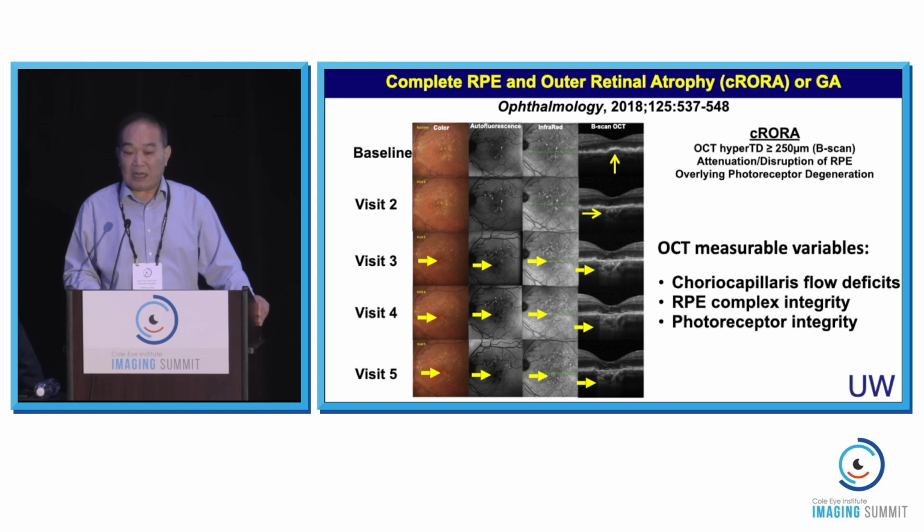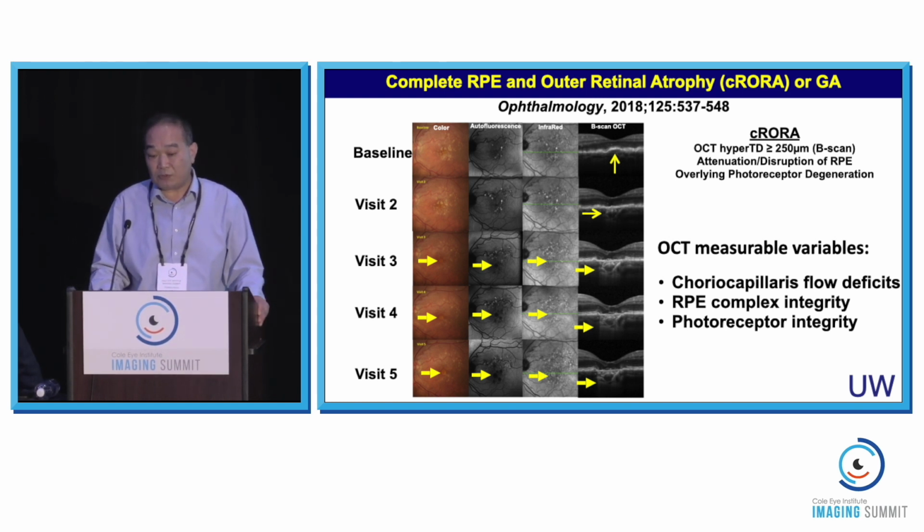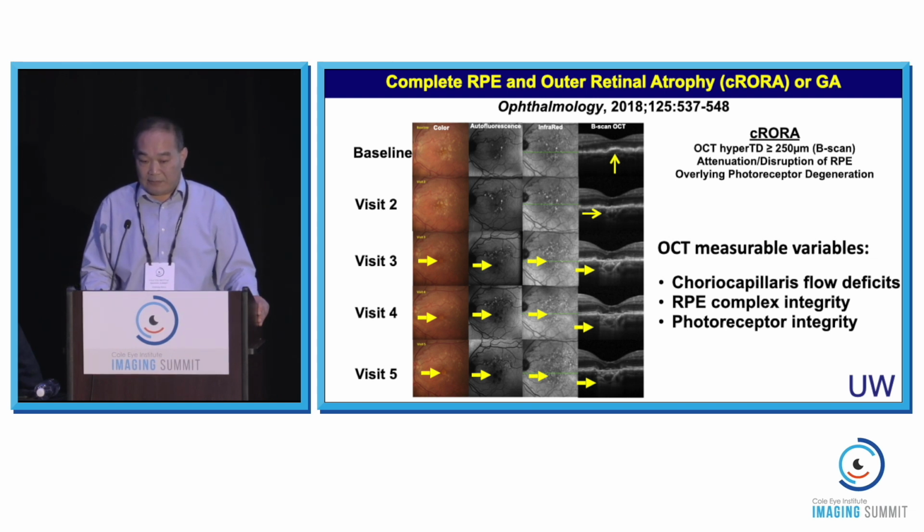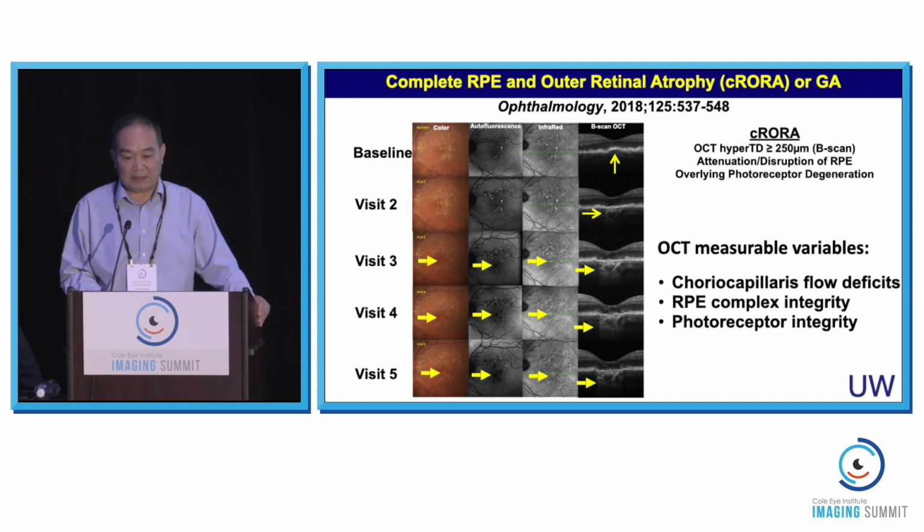So when this hyperTD measures more than 250 microns in 3 dimensions, it is considered as cRORA or GA. And in this case, how can OCT play a role? OCT can be used to measure these variables, for example, the choriocapillaris flow deficit, RPE complex integrity, and photoreceptor integrity, as Justis and Vas mentioned.